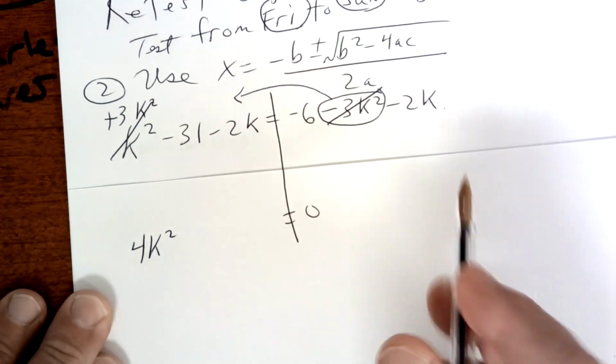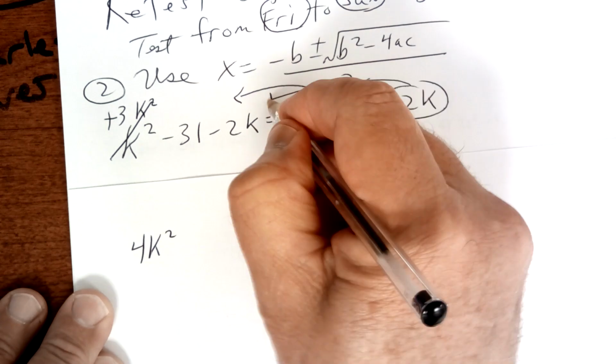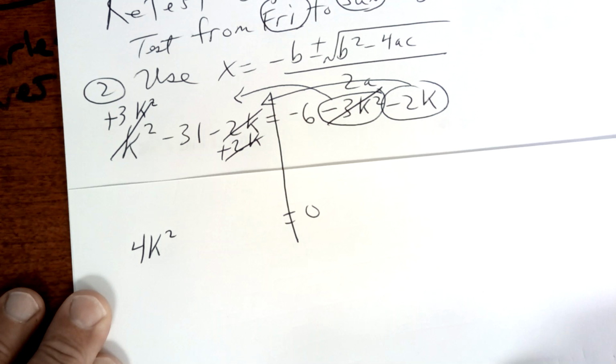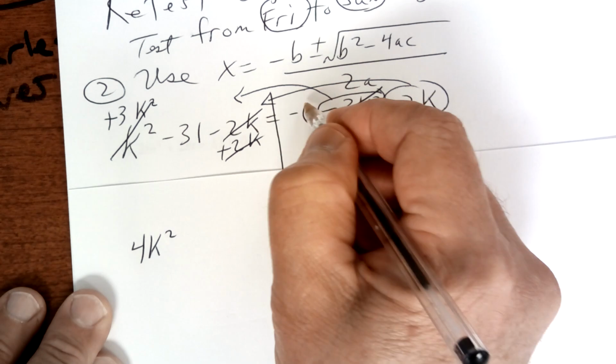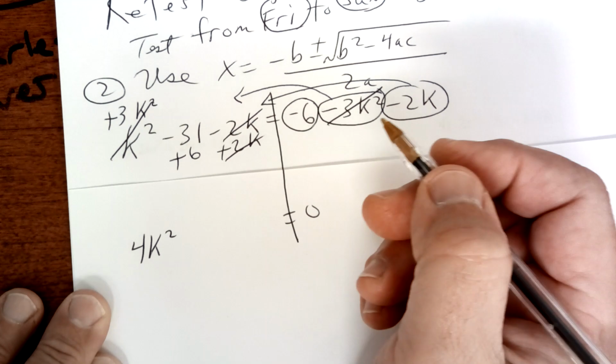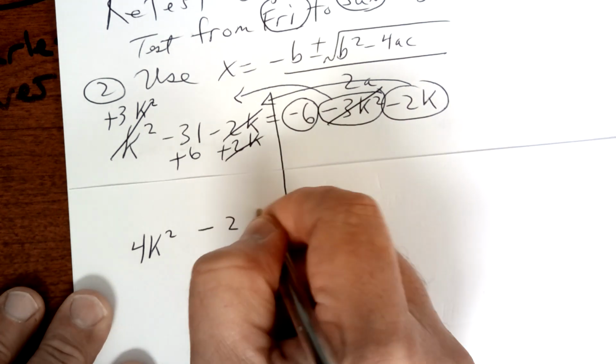You want to move the 2k, which is a minus, over to here, and that becomes a plus 2k. That zeroes out. Then you want to move the negative 6, which becomes a plus 6, and that looks like a negative 25 equals 0.